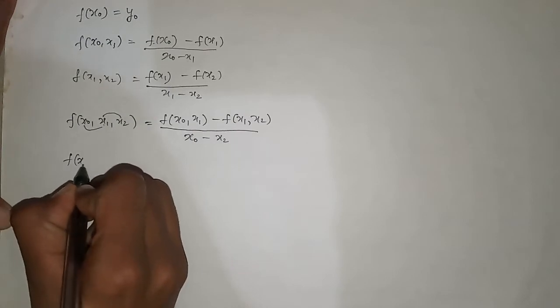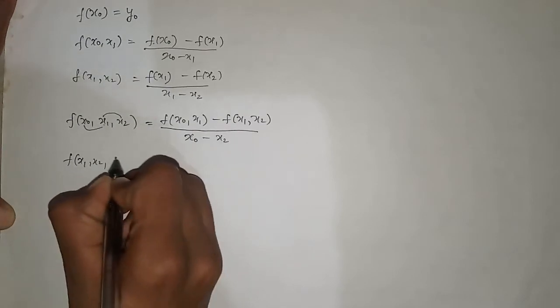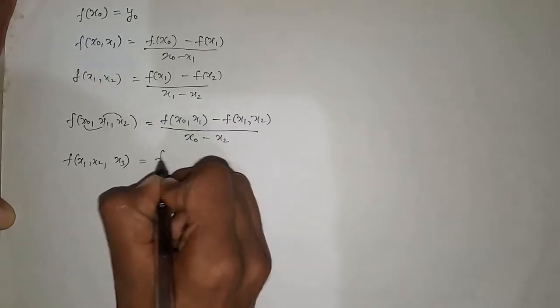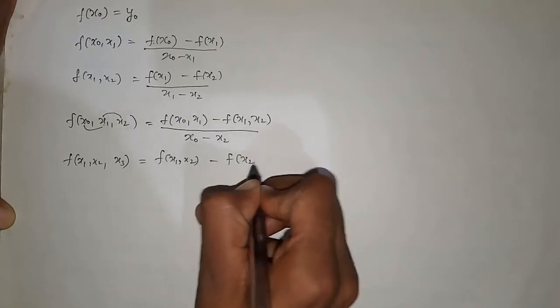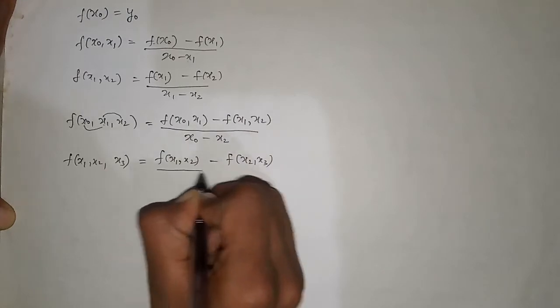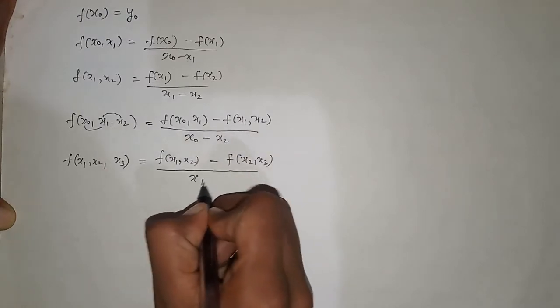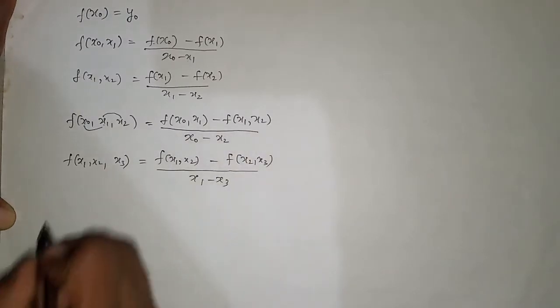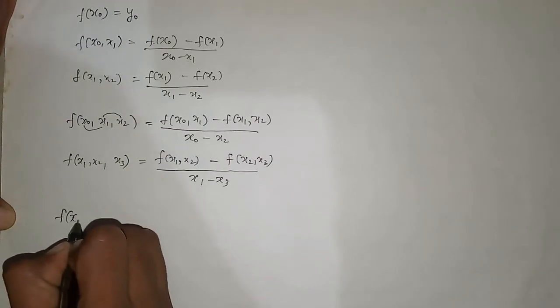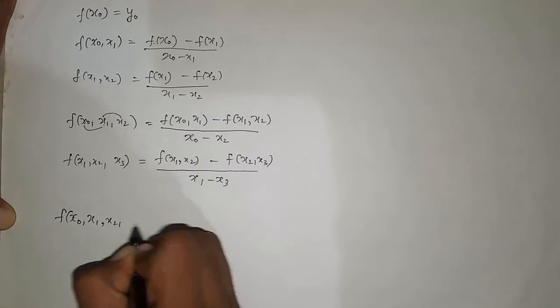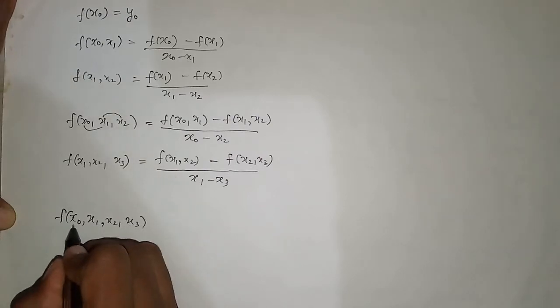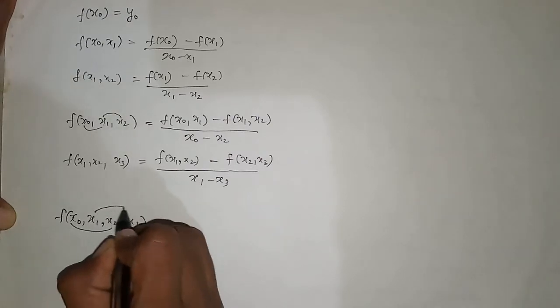Suppose we have to calculate x1, x2, x3. Then this becomes f(x1, x2) minus f(x2, x3) divided by again x1 minus x3. Now if we want to do the calculation for the fourth term x0, x1, x2, x3, then again we will use first these three terms then these three terms.